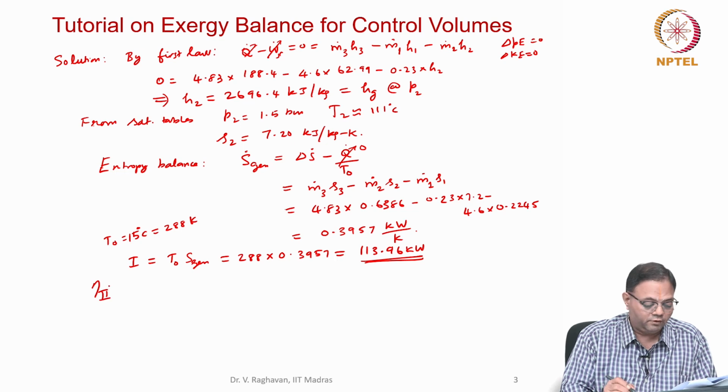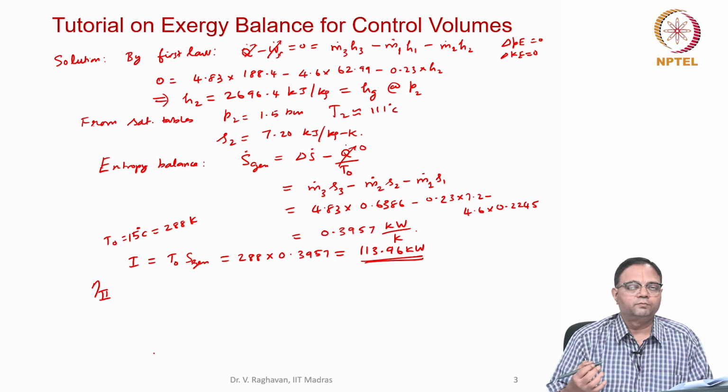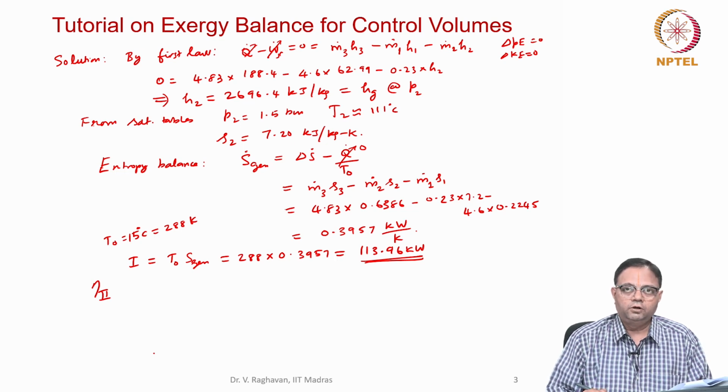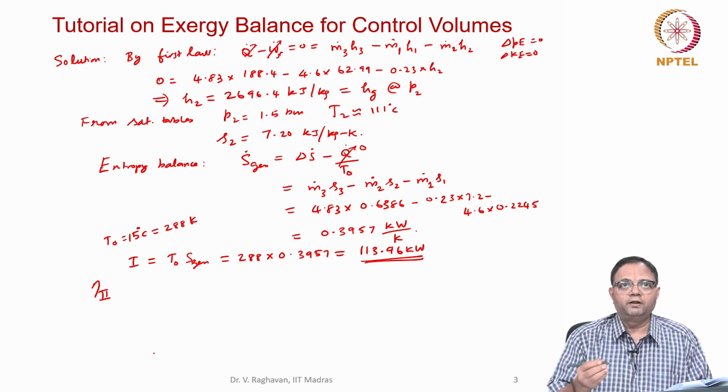Second law efficiency is calculated in many ways, as I told you. For a work producing device, it is the actual work produced divided by the reversible work which can be produced. For the work absorbing device, it is the reversible work input divided by the actual work input.